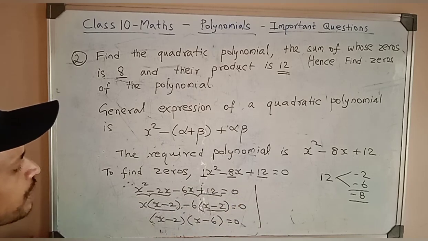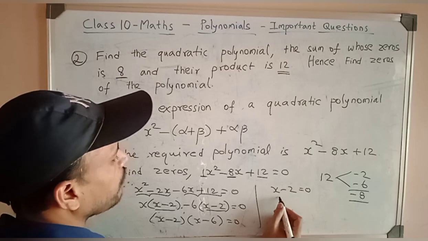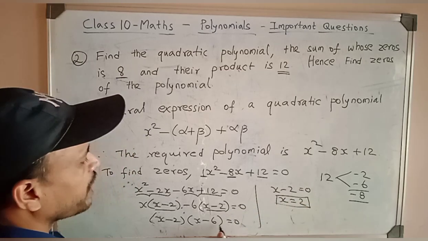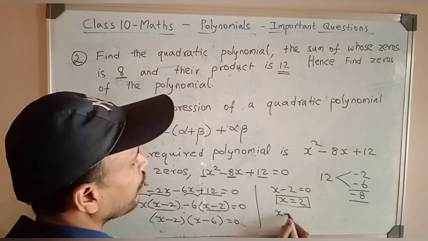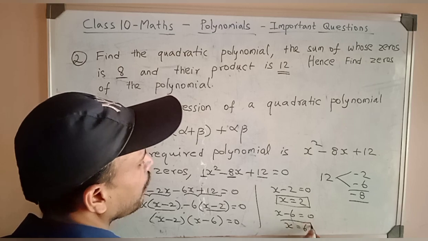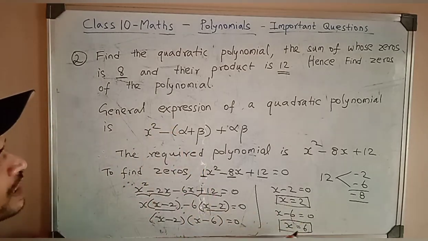Equating separately to both of them, x minus 2 is equal to 0, therefore x is equal to 2. And then x minus 6 is equal to 0, therefore x is equal to 6. Therefore, the answer is the zeros of the polynomial are 2 and 6.